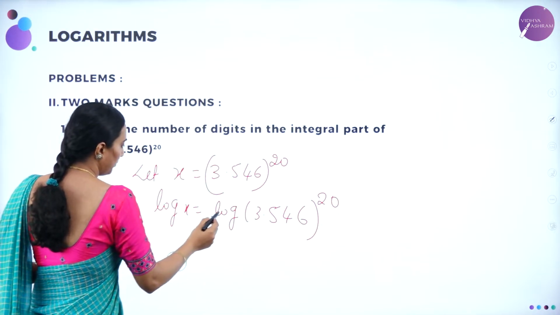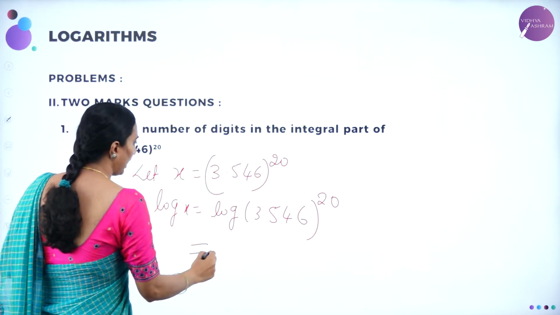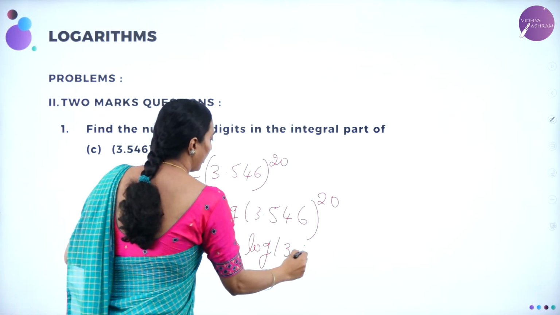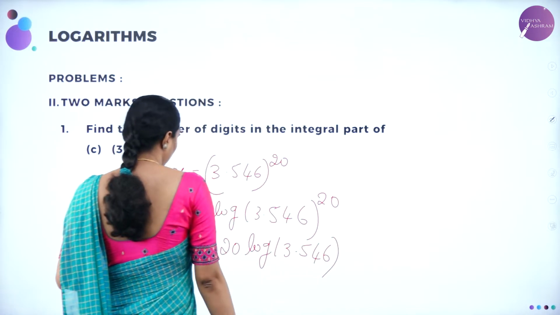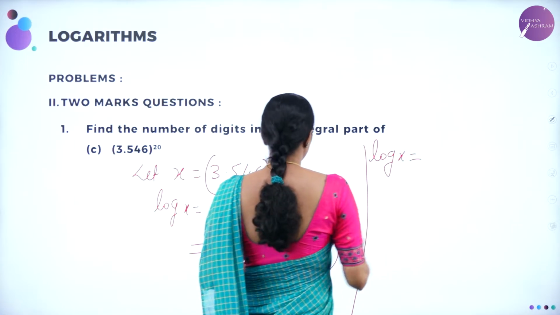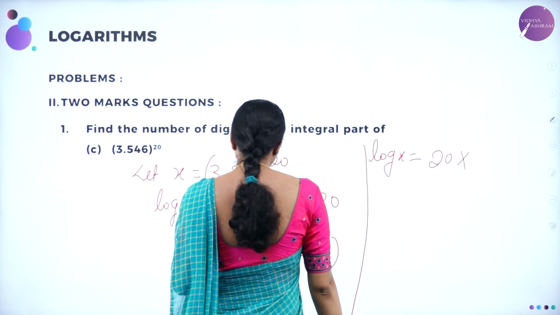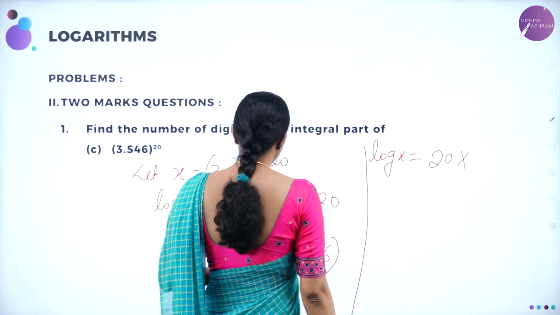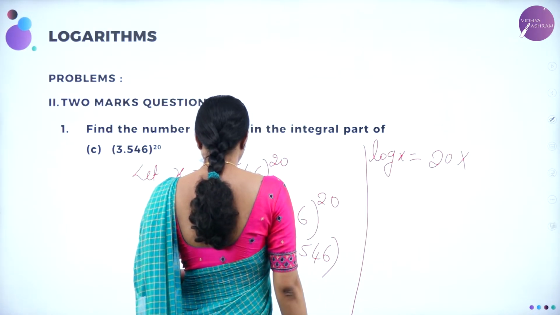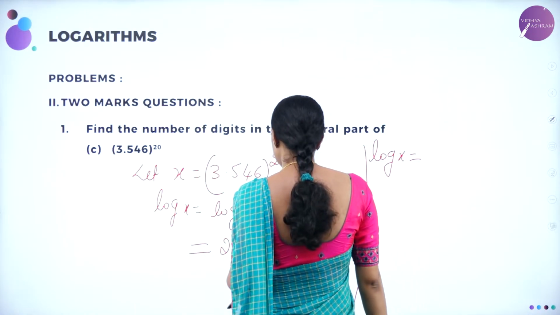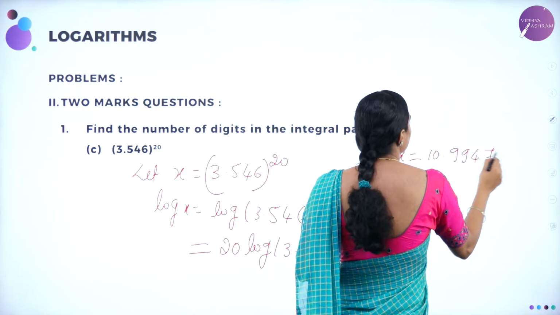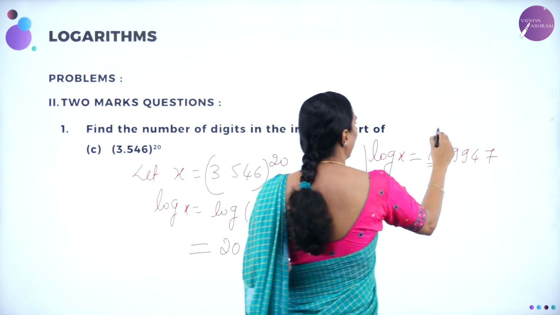So log x is equal to 20 into log of 3.546. By multiplying, we are going to get log x equal to 10.9947. Since the characteristic is 10, this is a characteristic.